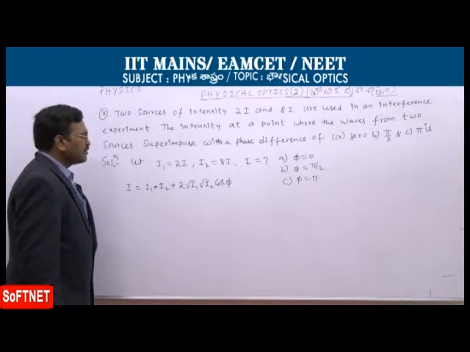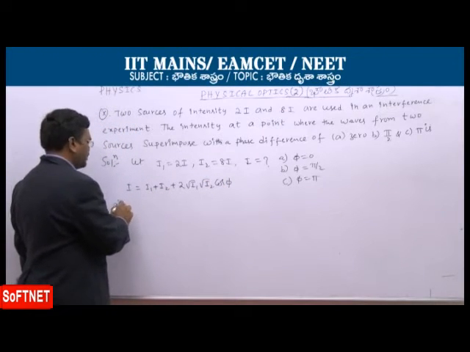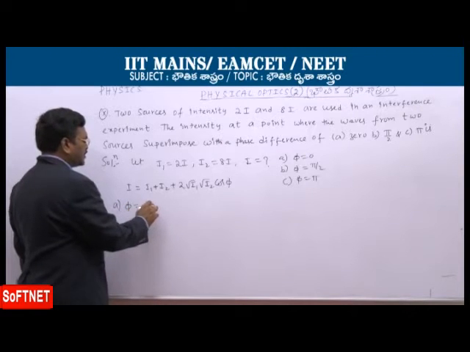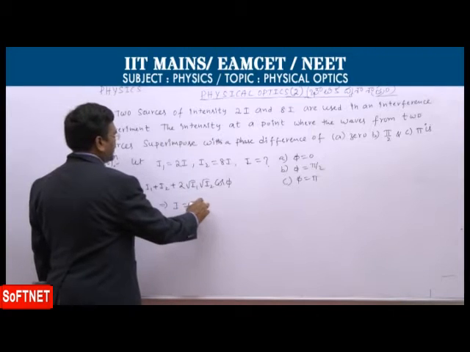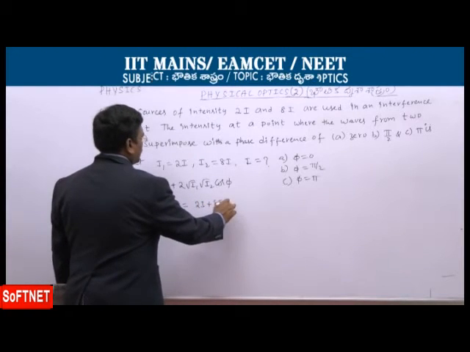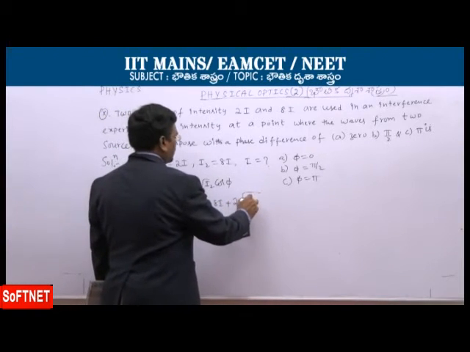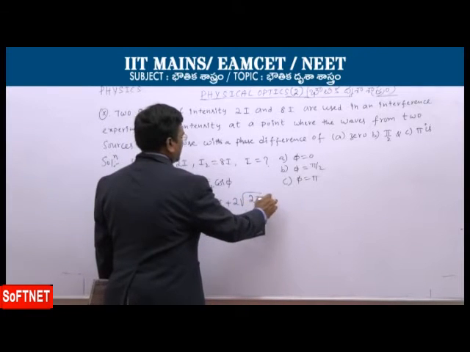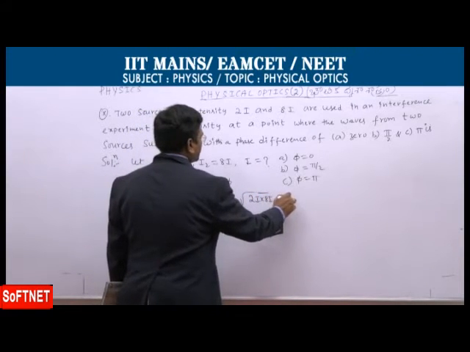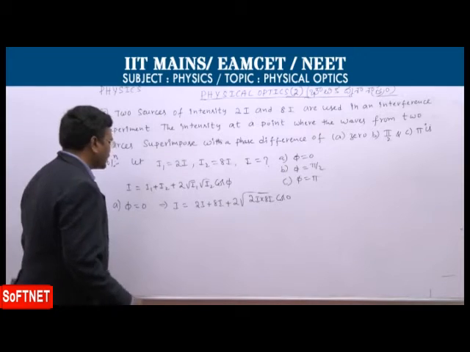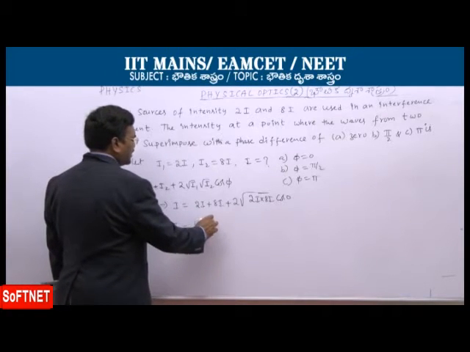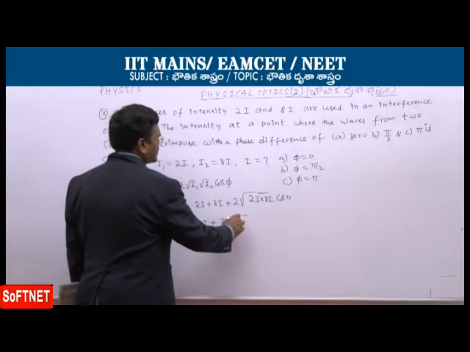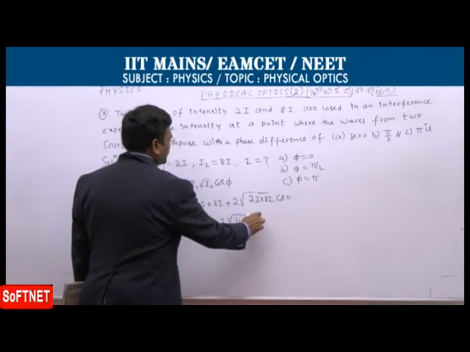Here for the first one, phase difference is 0. So I is equal to I1 plus I2, 2i plus 8i, plus 2 into root of 2i into 8i into cos 0. Cos 0 is 1. So I is 2i plus 8i, 10i, plus 2 into root of 16i square, which is 2 into 4i.